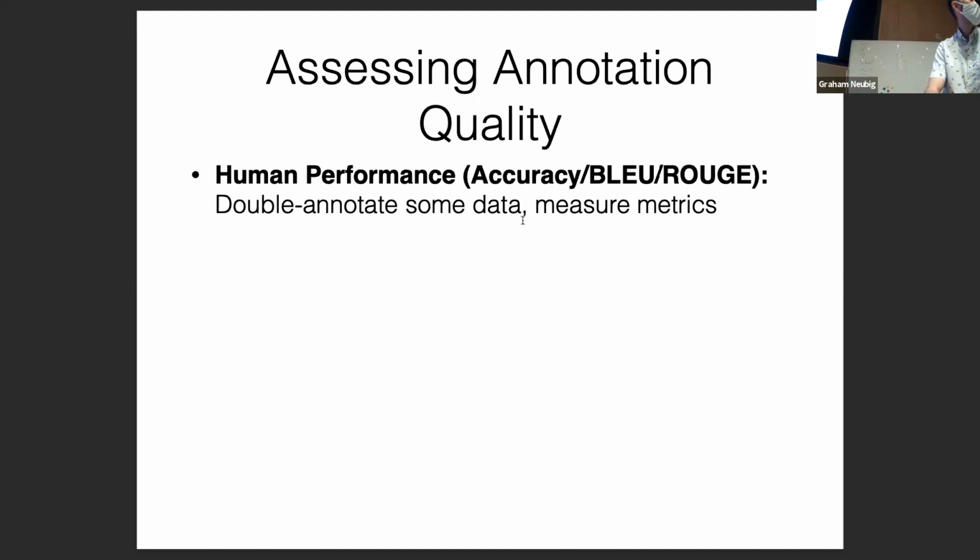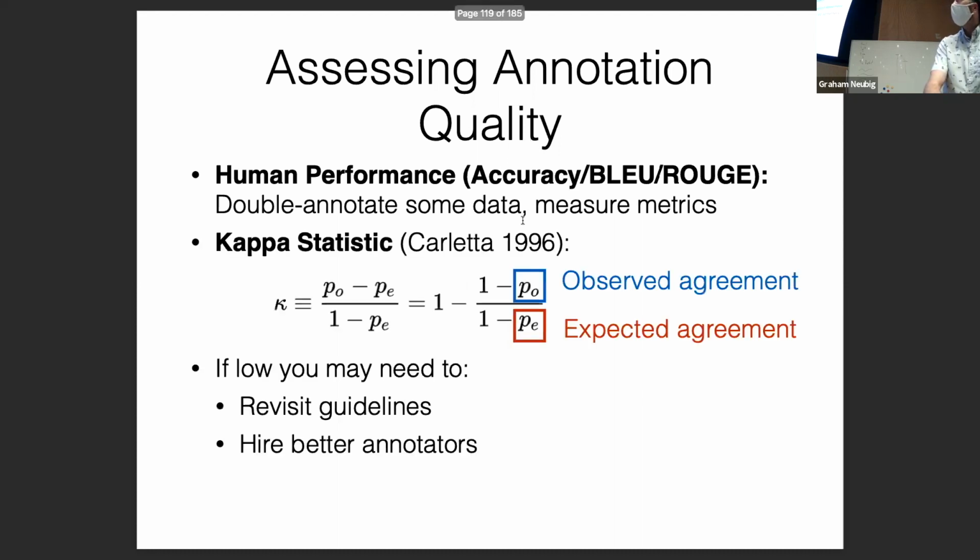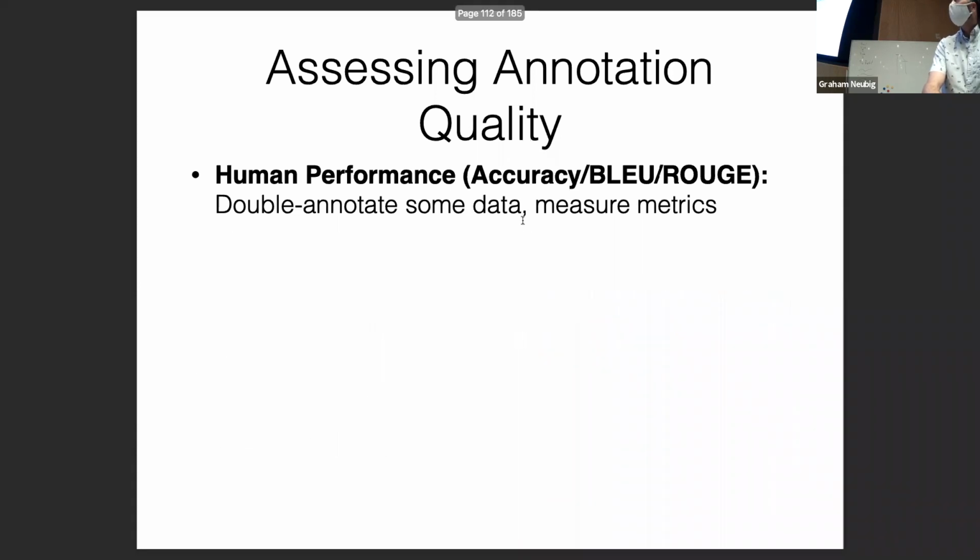Yeah. One interesting thing is that you can often take the annotator disagreement as kind of the threshold for machine performance too. Bob's point was good, which is that you could treat human performance as kind of a ceiling for machine performance.